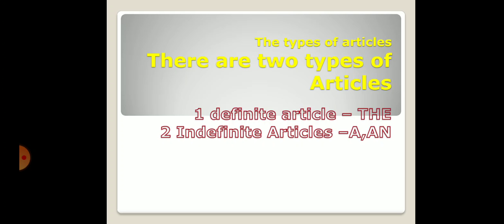Now come to the pronunciation of your first article, that is the. How should we pronounce this word, as thuh or thee? There is a rule which is given in your workbook within a box picture.